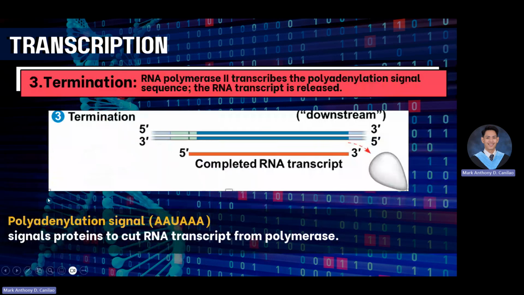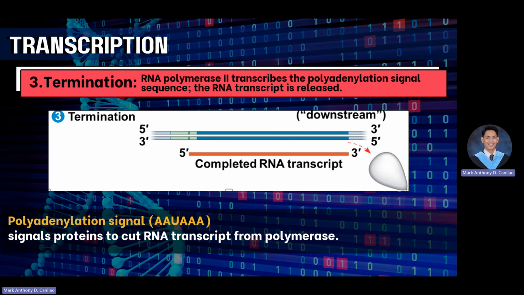Next, there will come a time that we reach the last part known as the termination site. The RNA polymerase will transcribe the polyadenylation signal sequence. The RNA transcript is released in this process. In the video, when it reached the termination part, what happened? With the help of the polyadenylation signal, the 6-letter AAUAA, a protein is signaled to cut the RNA transcript creation or elongation.